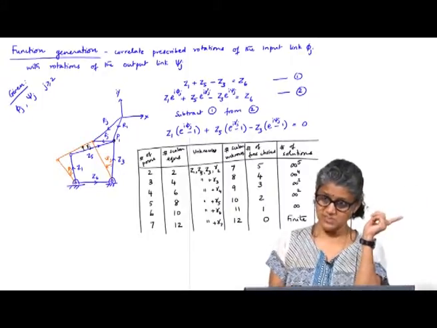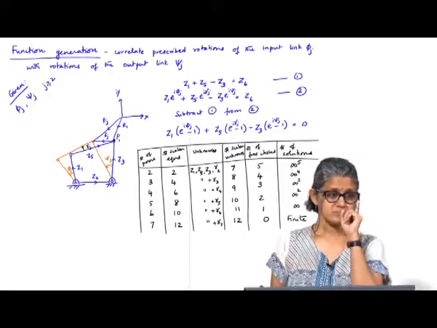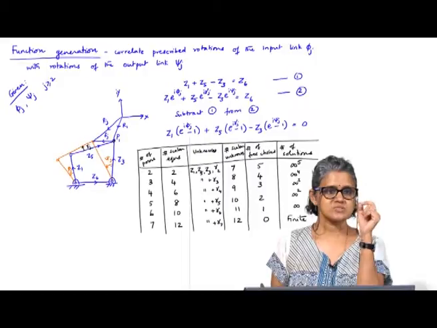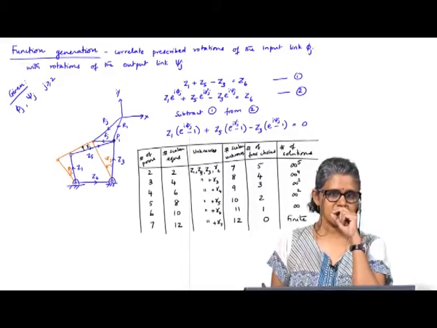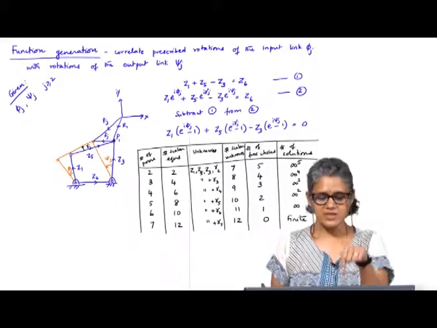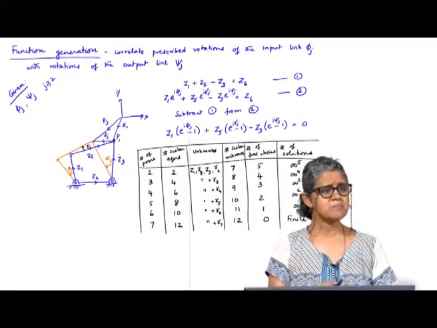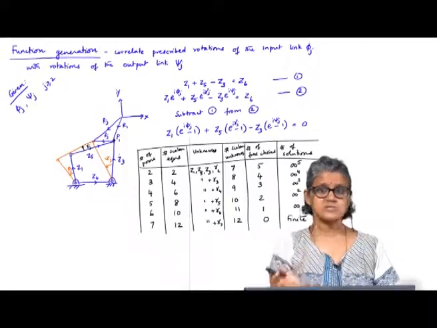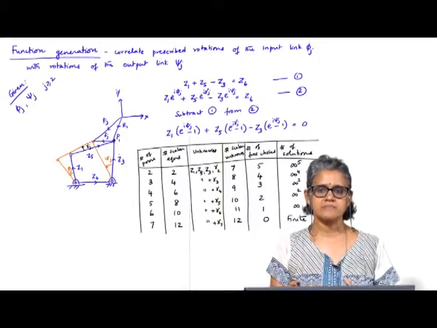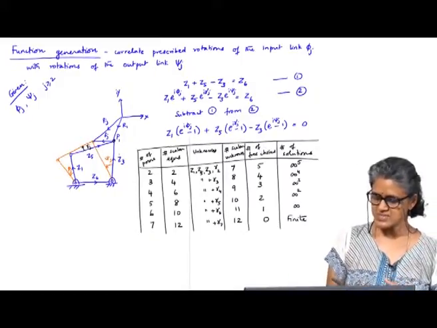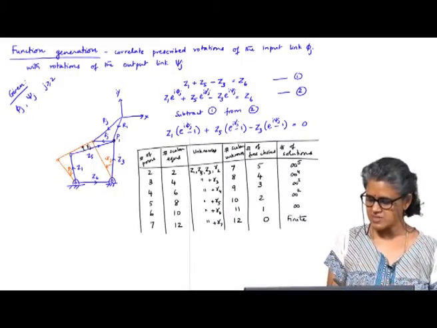What is the path of this point? It is a circular path. So, it is a special case of the path generation problem, where this point P is common to the coupler and the output link, and it follows a circular path.